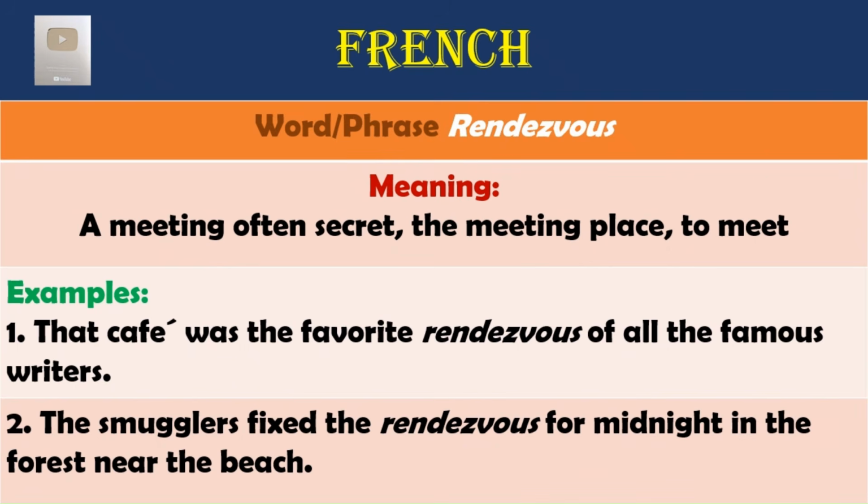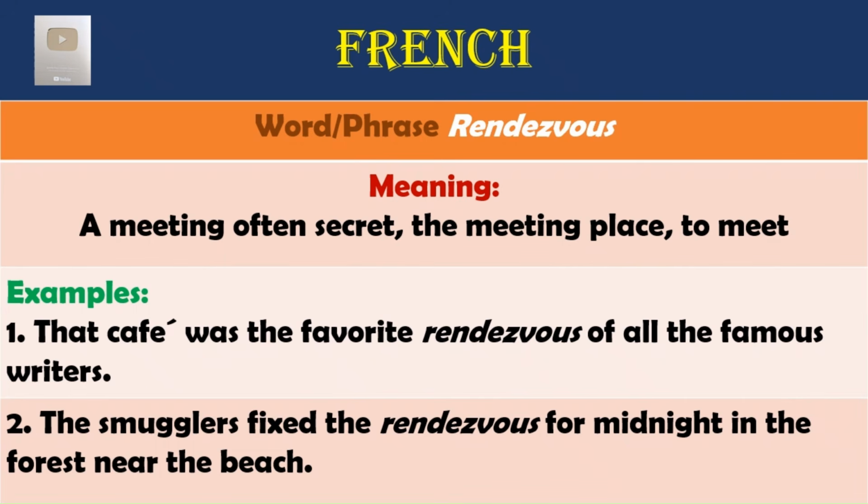Let us begin with the French words and expressions. First word, rendezvous. Here you can see the spelling and pronunciation are totally different. Rendezvous means a meeting, often a secret meeting, or a place of meeting, or even to meet.